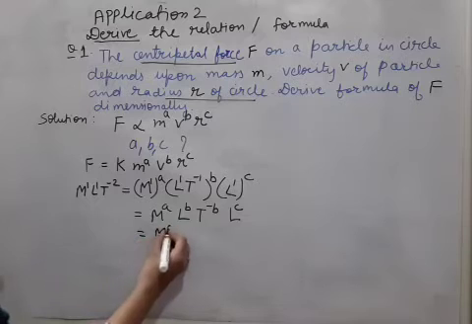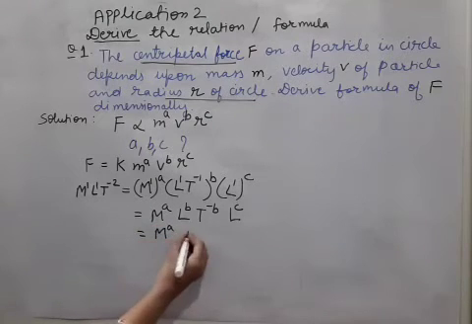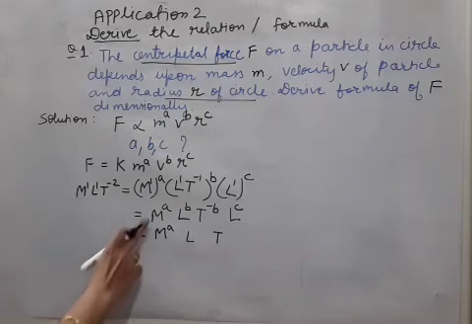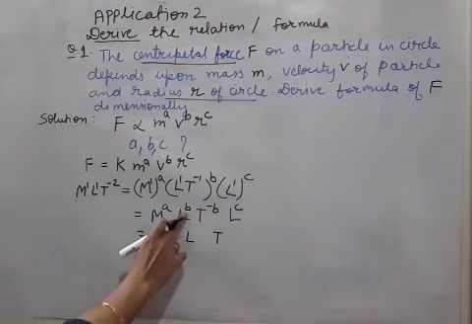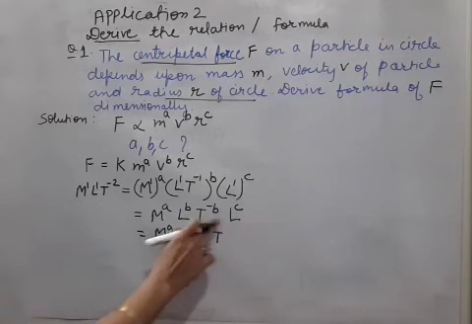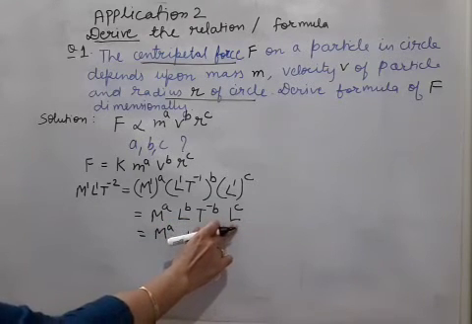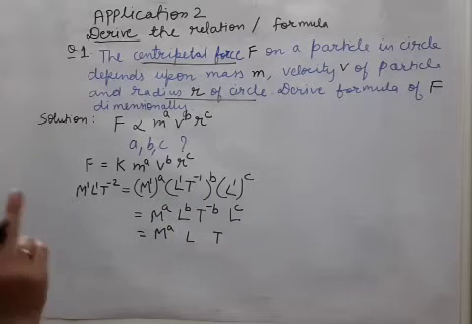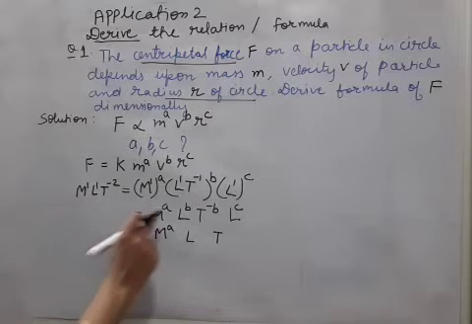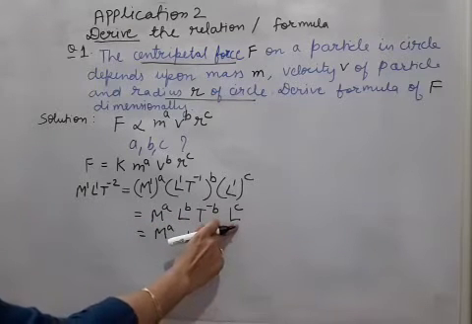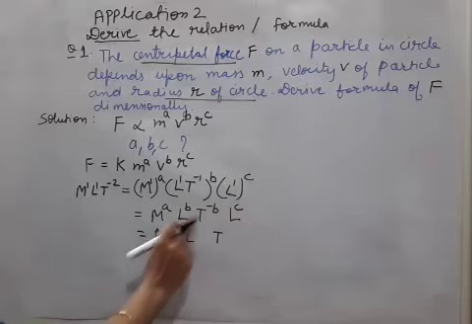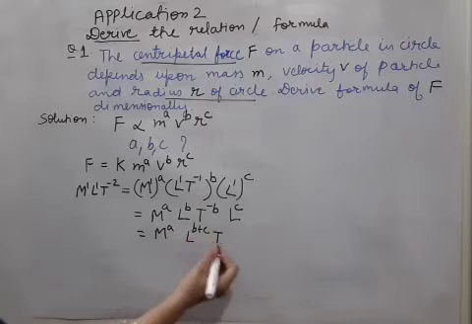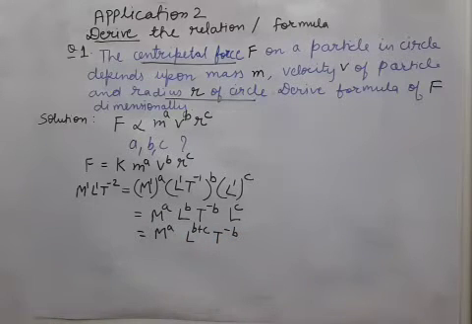After this, we have M power a, and what we have to do is group the powers of common terms. So M power is a only, L are appearing 2. If the same bases are there with different powers, then the rule is that powers are added. So if the same bases are in multiplication with different powers, the powers will be added. And T power minus b.